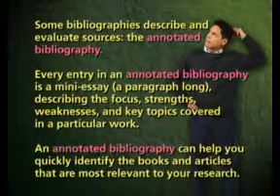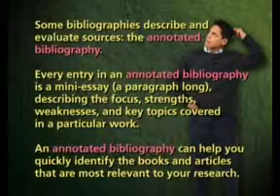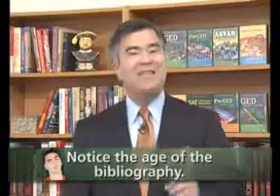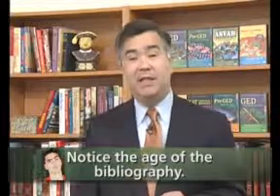An annotated bibliography can help you quickly identify the books and articles that are most relevant to your research. So if there is an annotated bibliography available in your field, grab it. Finally, notice the age of the bibliography. You will probably need to supplement it with more recent sources, such as a current index of literature in a particular field, which will cover books and articles published after the bibliography was compiled.